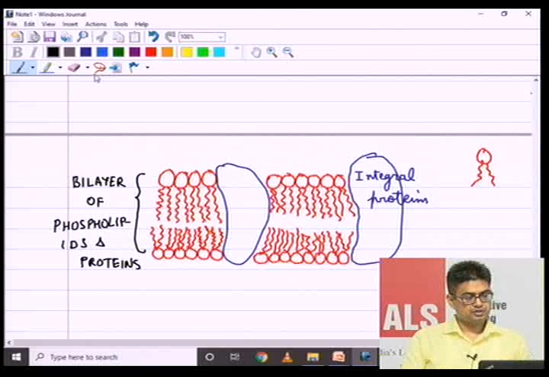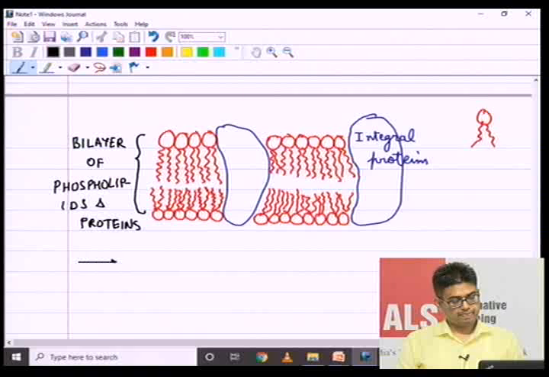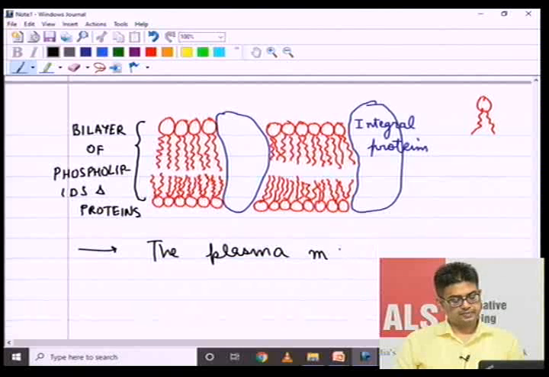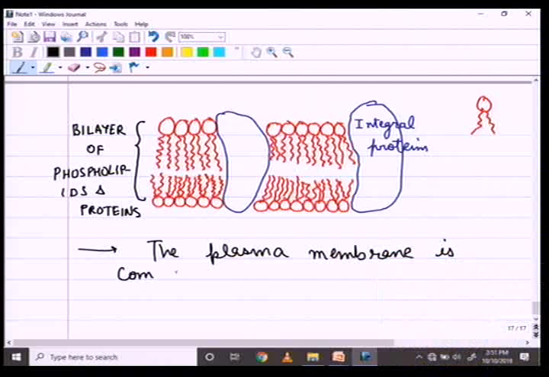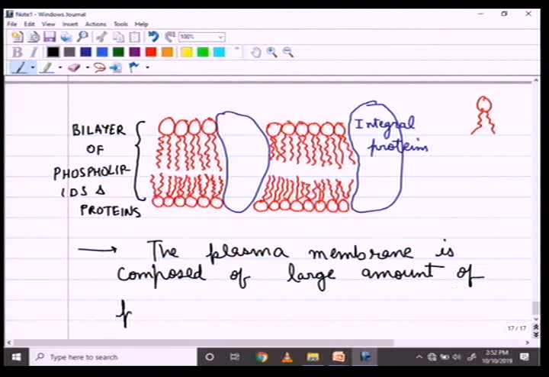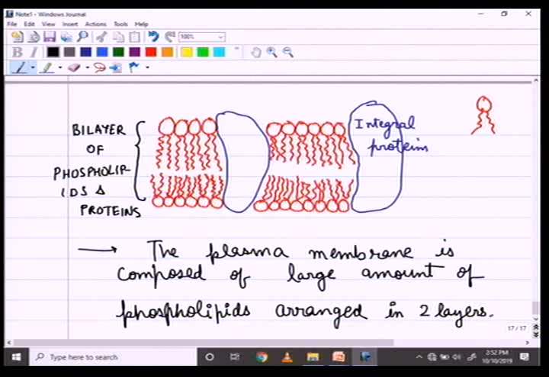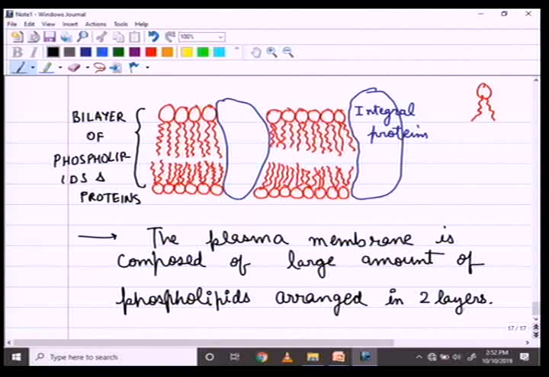Please write these things now. The plasma membrane is composed of a large amount of phospholipids arranged in two layers. Okay.